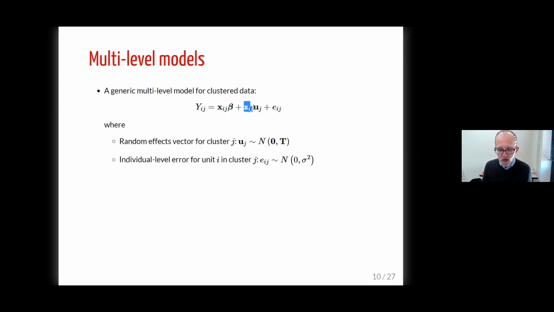There's some structure to the random effects that's expressed by the z_ij, the structure for student i in school j, times a random error vector u_j, which is a unique error associated with the cluster j. This might be just a random intercept for each school j, or it might be a random intercept plus a random slope for one or more of the predictors.